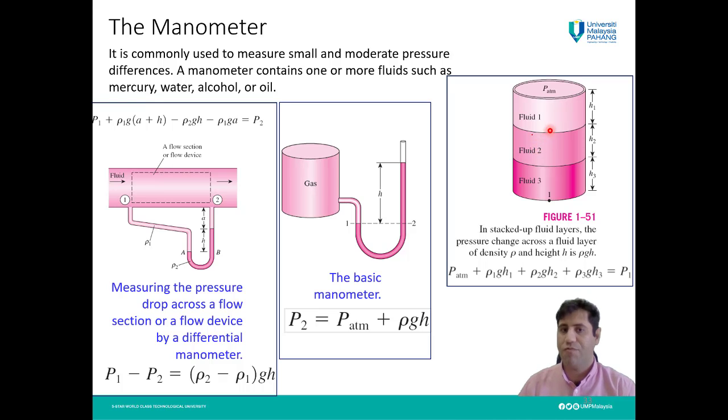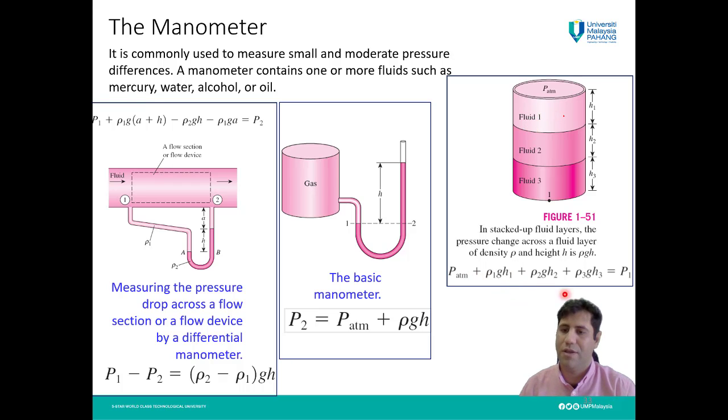But when we have different fluids inside the tank, we can also consider that the pressure at the bottom of the barrel depends on the density of the different fluids.